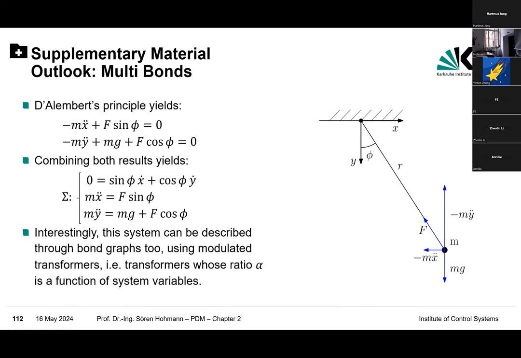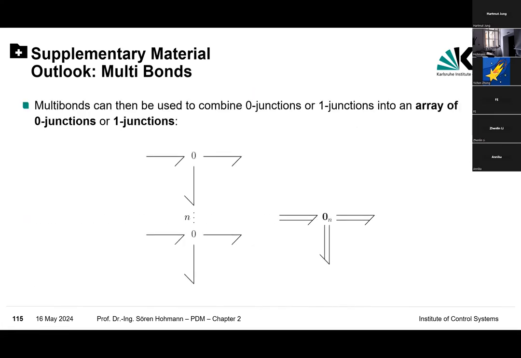So the answer again for yesterday's question: yes, we can treat such systems by means of bond graphs, and it helps to describe this interrelation between variables acting on more or less independent domains.